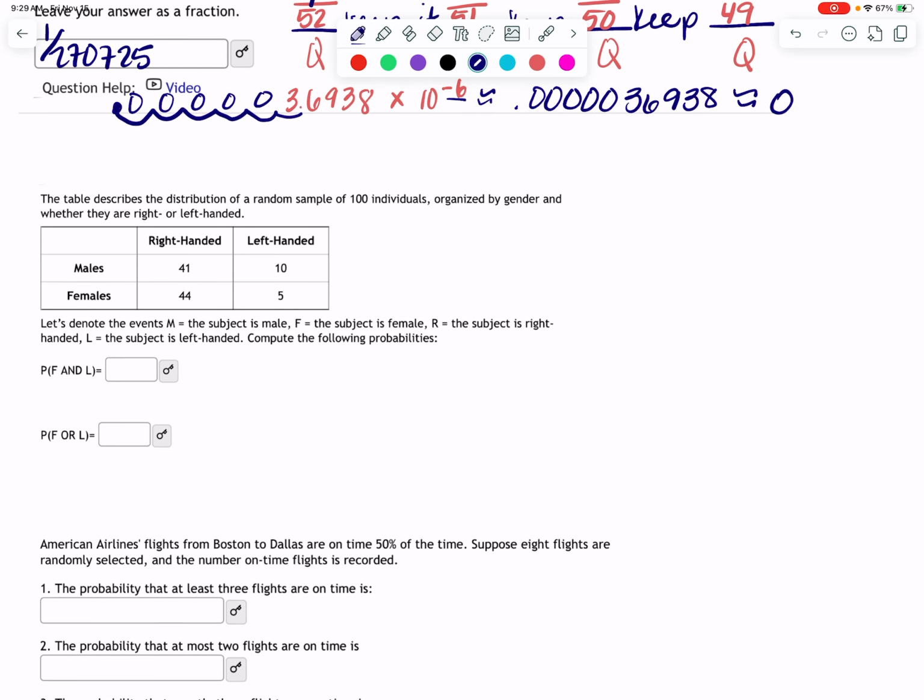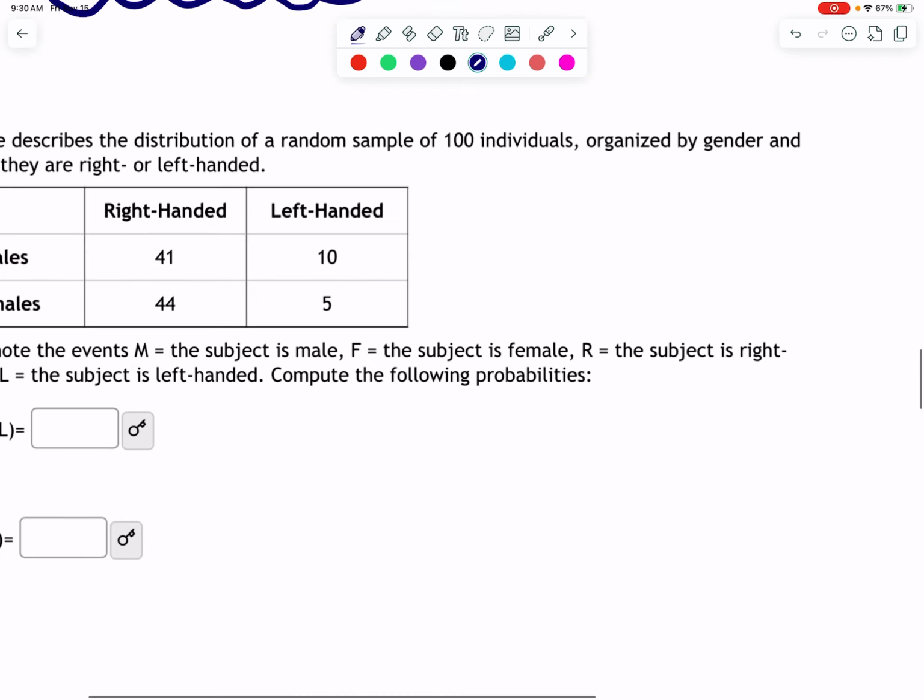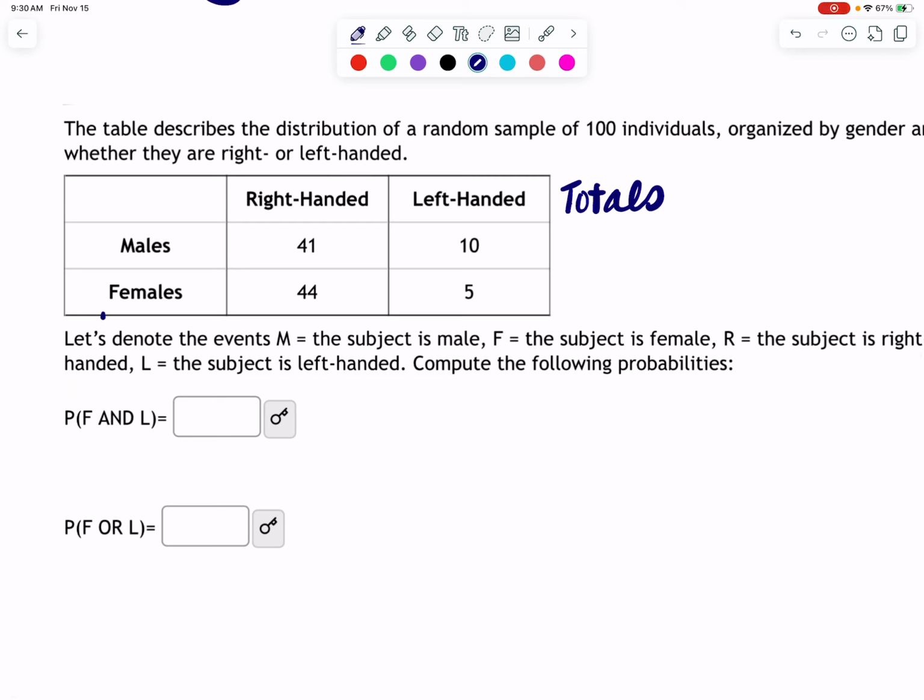We have another contingency table. The first thing I like to do if it's not given to me is add a totals column. And then a total down here. So 44 and 41 is 85. 10 and 5 is 15.